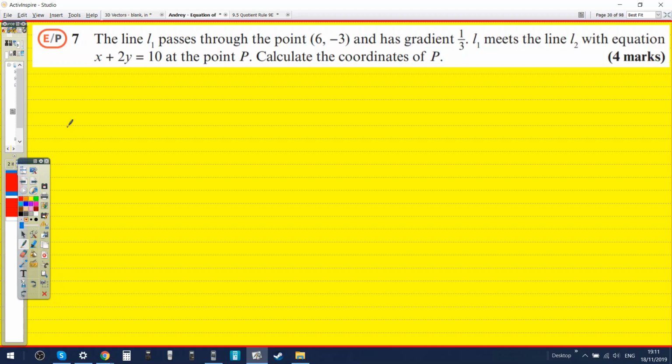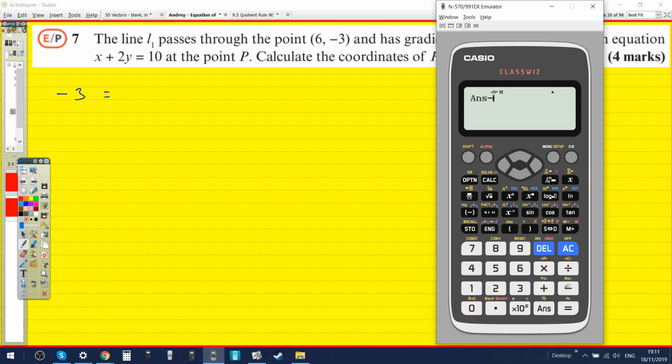So do I need to sub in 6, minus 3 and a third into y equals mx plus c? Uh-huh. So I need to sub in minus 3 equals a third times 6 plus c.